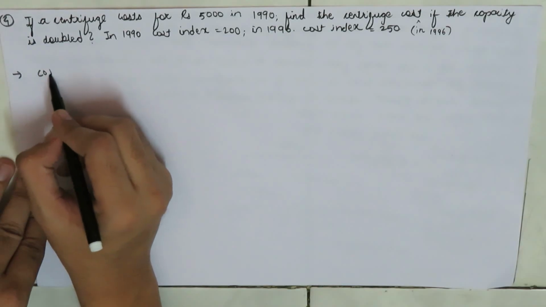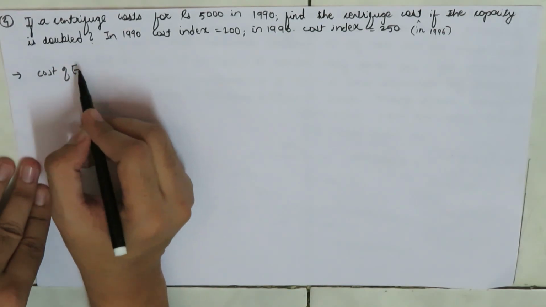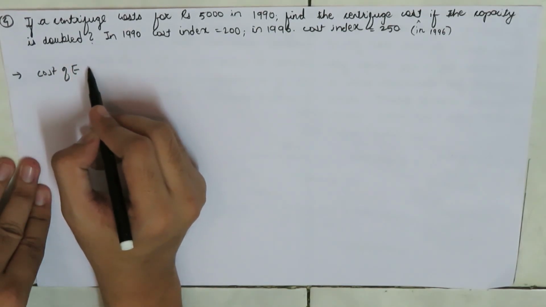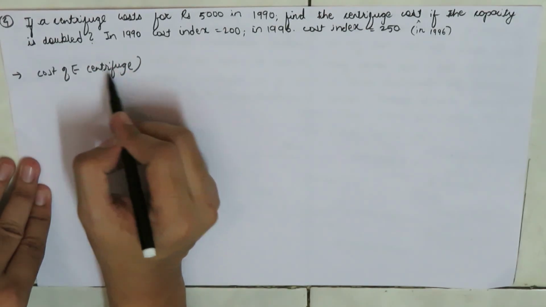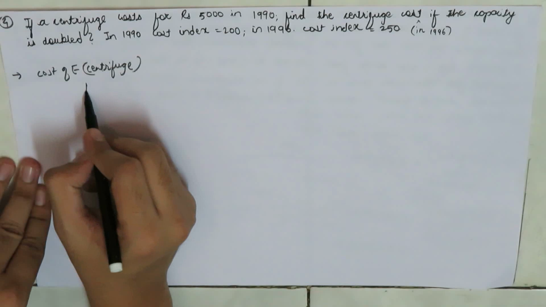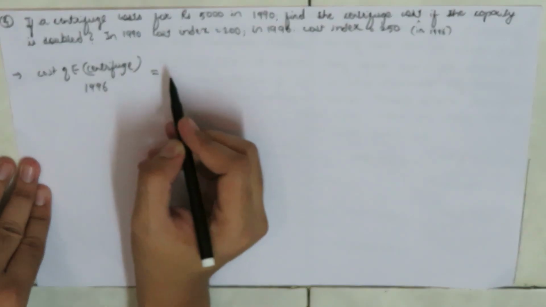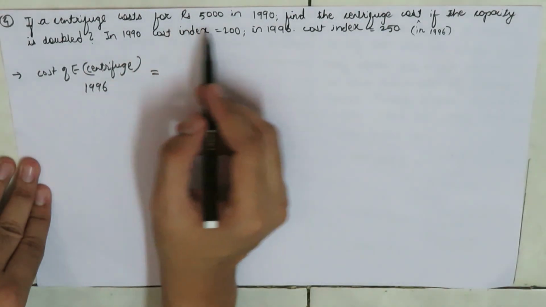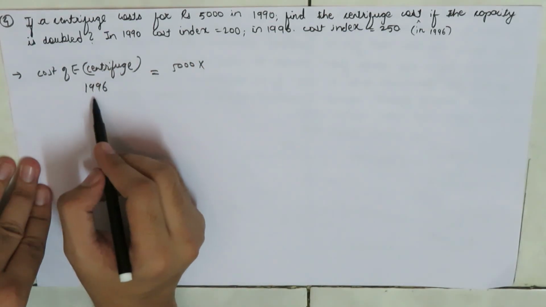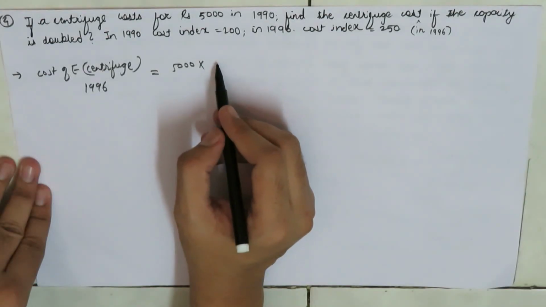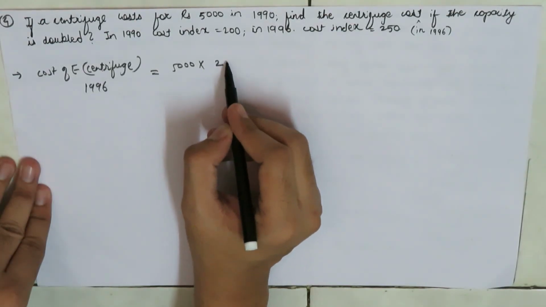So we know that the cost of equipment, that is the centrifuge, in the year 1996 is equal to the cost of the centrifuge in the year 1990, so 5,000 multiplied by the capacity of the centrifuge in 1996, which is double. So this will be 2 times.